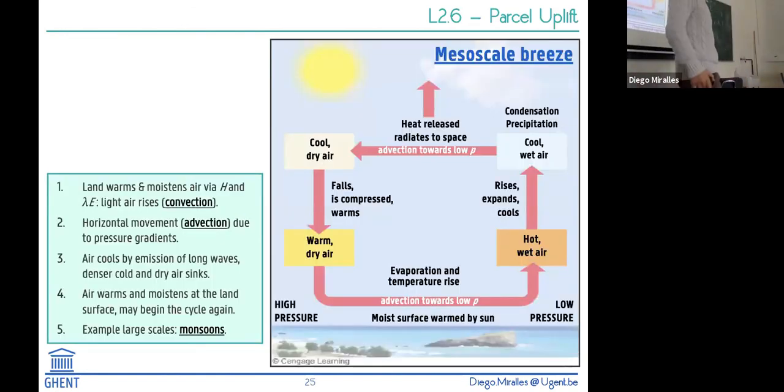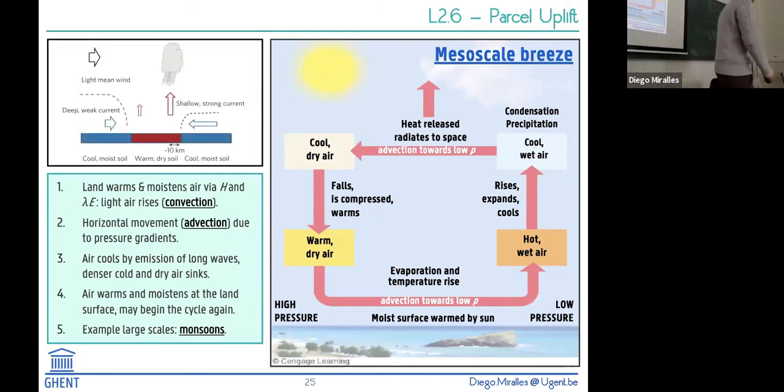And this is something that I actually mentioned the other day when I put this figure, which is that when you have partial uplift somewhere, for instance, through this thermal process in which you warm and moisten the air from below, there is air coming from the sides, right? To fill in that gap. There's air leaving here, so you have to fill in that gap, a negative pressure.